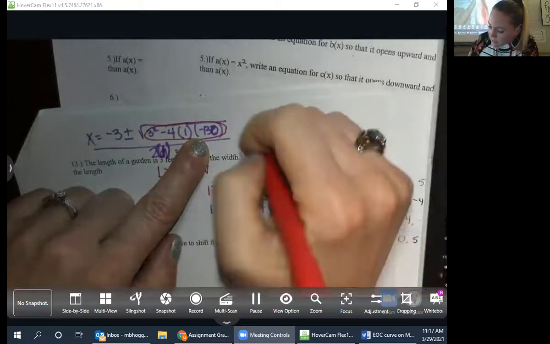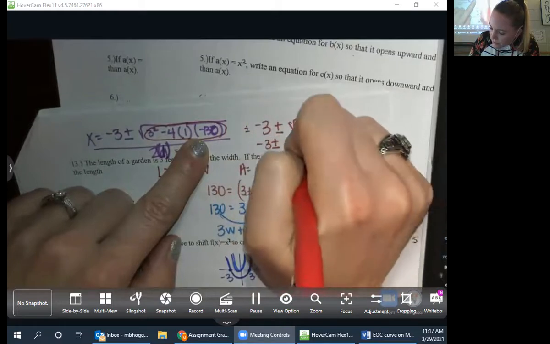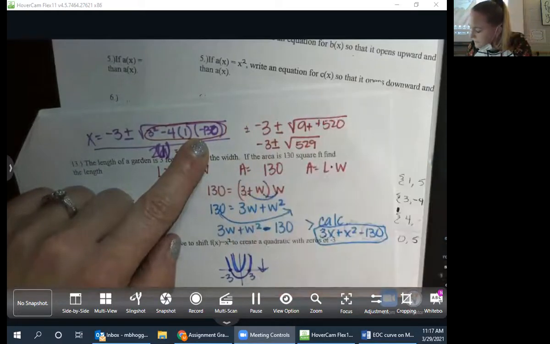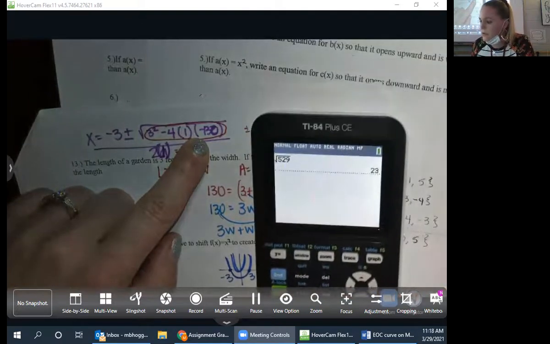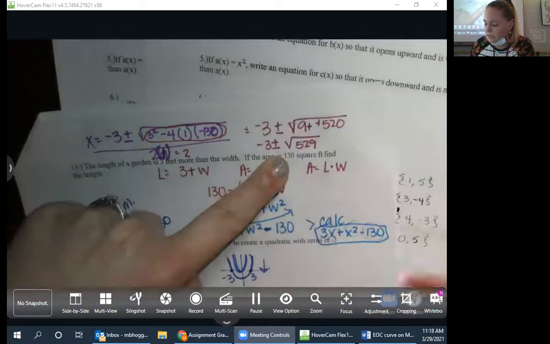So you have negative 3 plus or minus the square root of 529. Well, the square root of 529 is, it's a perfect square actually. It's 23.